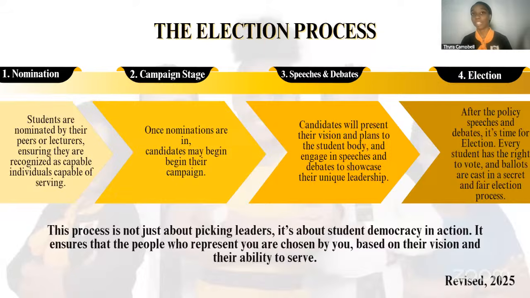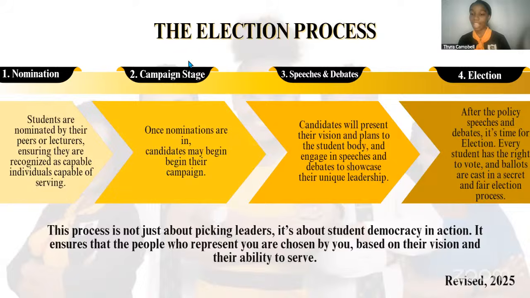Persons are allowed to create social materials and begin their campaigns. The third stage of the election process includes speeches and debates, where candidates will present their visions and plans to the student body and engage in speeches and debates to showcase their unique leadership. At the end of it all, you've guessed it, it is the election.